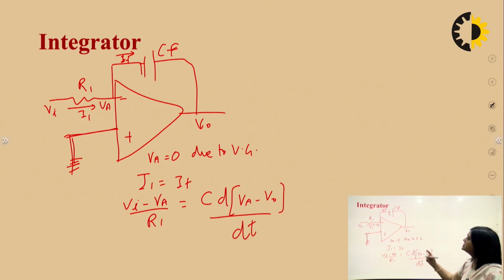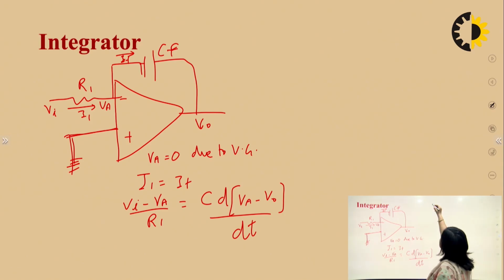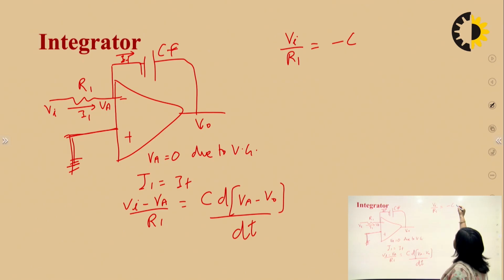Now VA is 0, so we can write VI upon R1 is equal to minus C dV naught upon dt. So VI would be equal to minus RC dV naught upon dt.